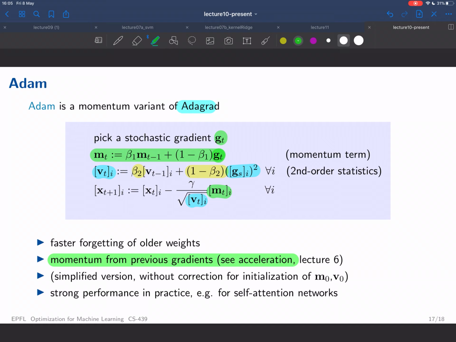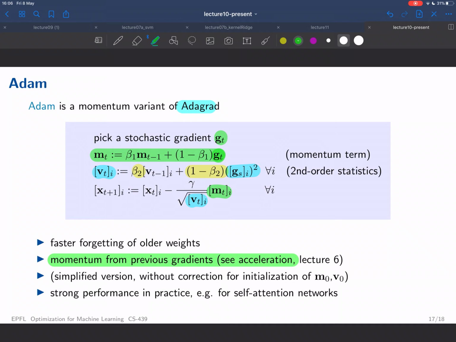It's the same thing. Momentum is accumulating the old gradients G, and there is again a kind of an exponential decay here, which seems nice. There's a decay factor, which is called beta 1. That steers how much weight to give to the new gradient and how much to the old ones. If beta 1 is close to 1, then the old gradients still have a lot of influence.